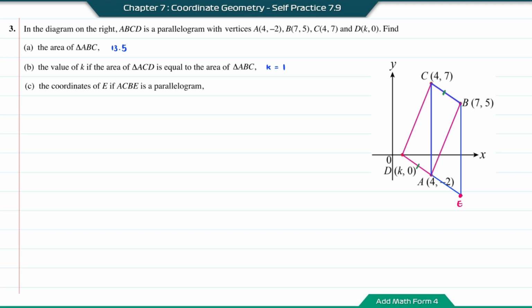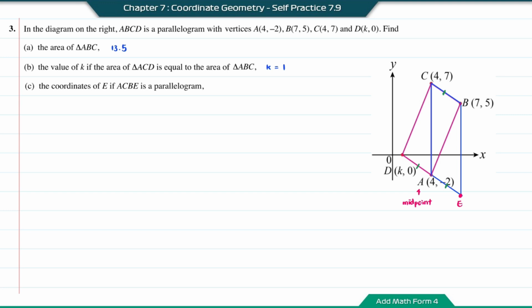Now in ACBE, BC is parallel to AE. This means the length of AE is the same as the length BC as well. This means the point A here is going to be the midpoint of ED.